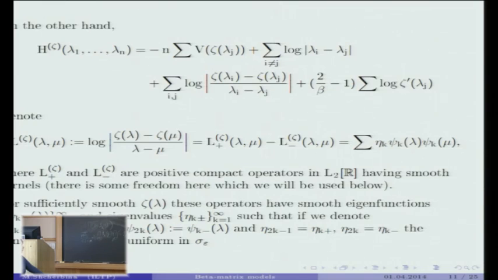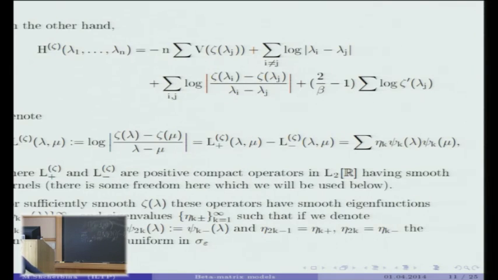If you consider, for sufficiently smooth zeta, this operator and its eigenvalues and eigenvectors, then you can take the eigenvectors and eigenvalues of the first one with plus, and the eigenvalues and eigenvectors of the second one with minus. And of course, you can construct a common system of vectors which will not make a basis in your space. It will be just some system of vectors in your space, but I will not use that it is a basis.